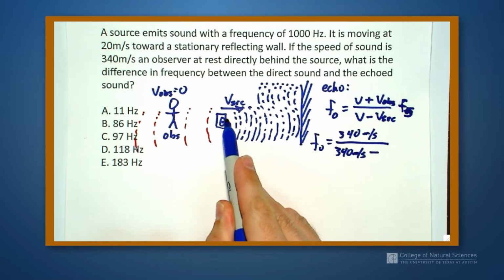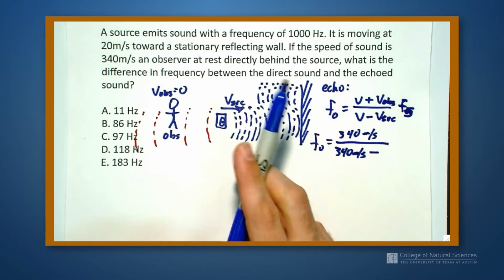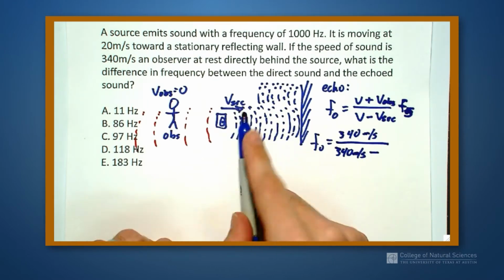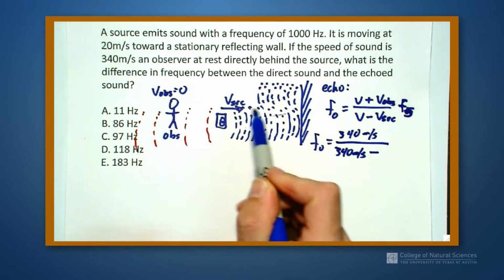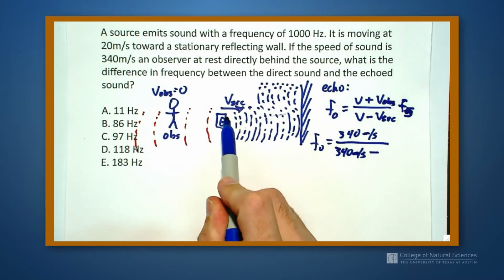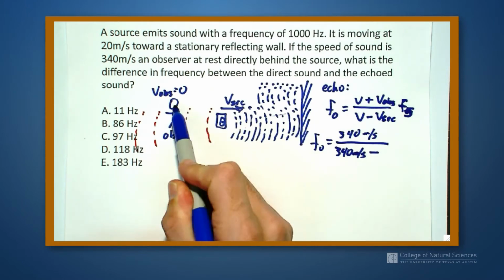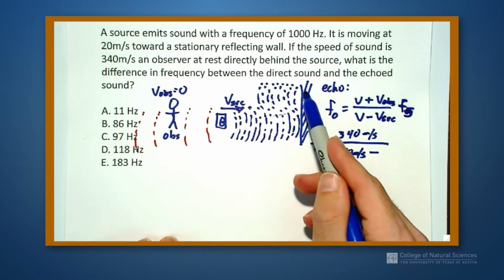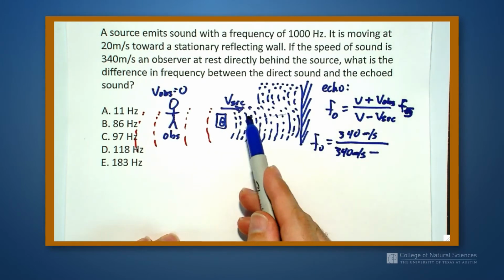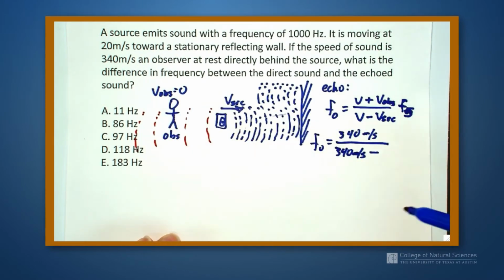Since I'm going towards the reflecting wall, the path that this sound travels from the source to the observer gets shorter and shorter. Seems a little weird, but the reflection causes us to travel a shorter distance.